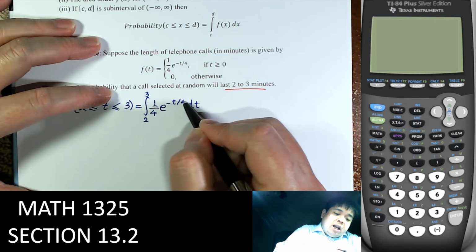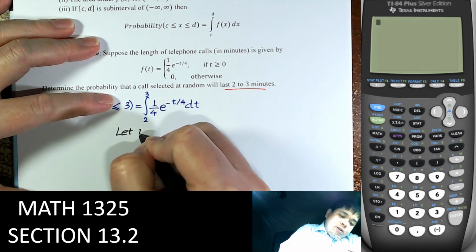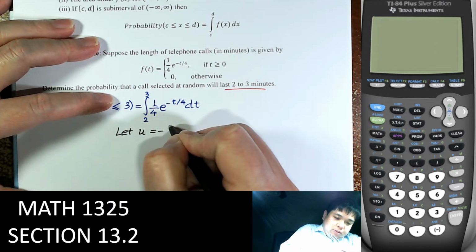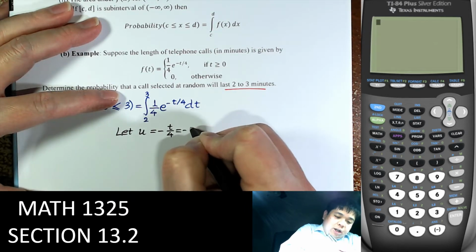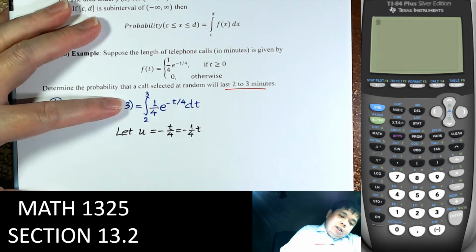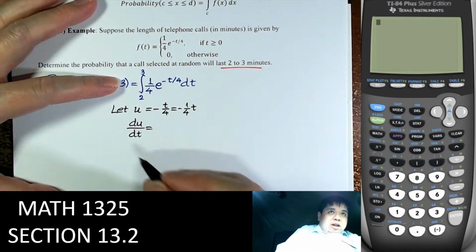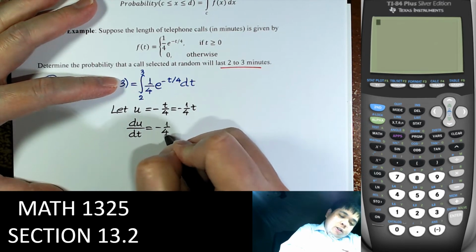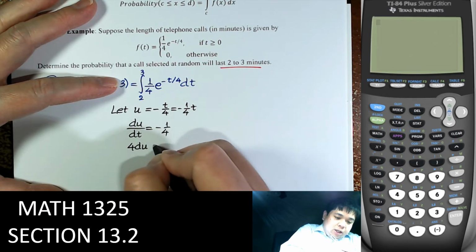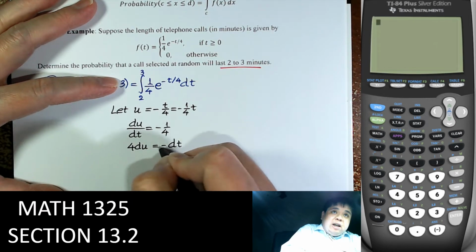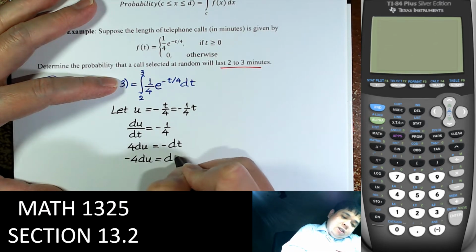Let u be negative t over 4, or negative 1/4 t. The derivative of that is negative 1/4. Cross multiply: 4 du equals negative dt, and take the negative over, we have negative 4 du equals dt.